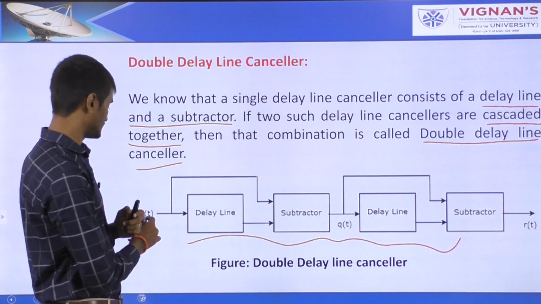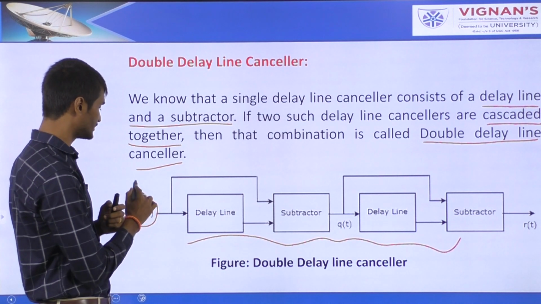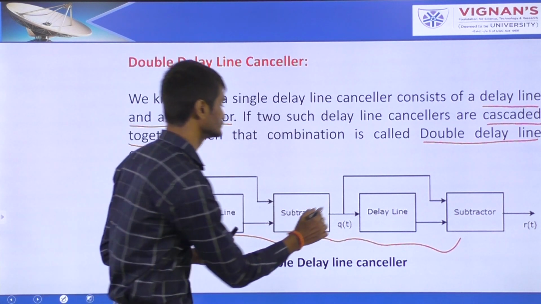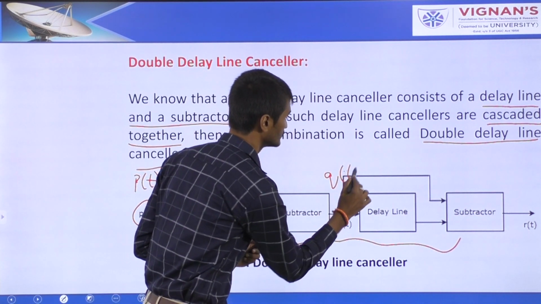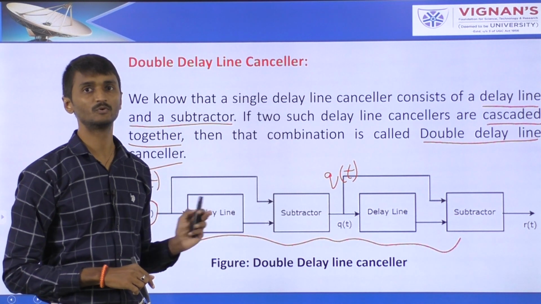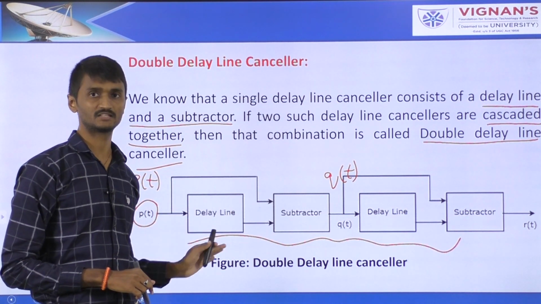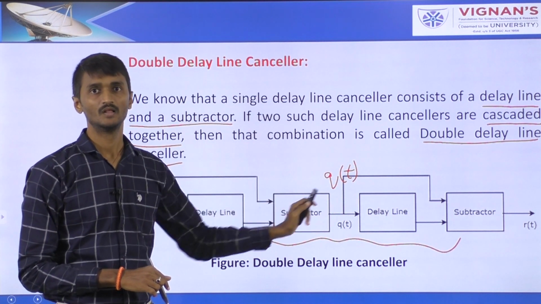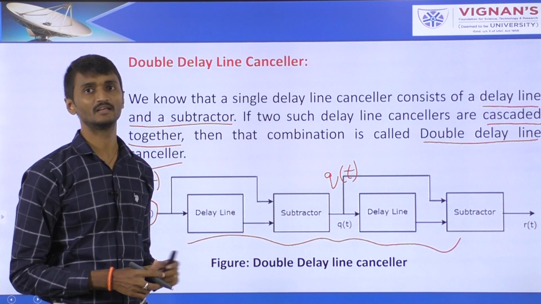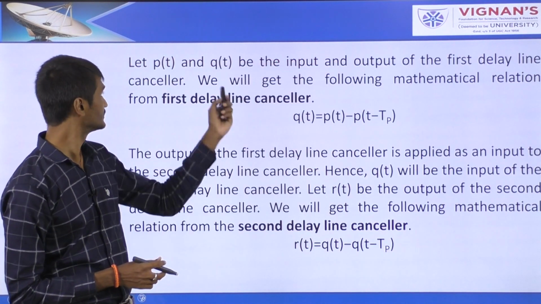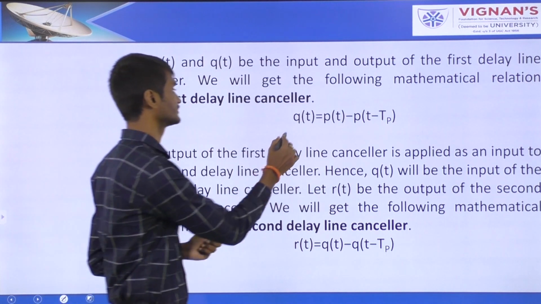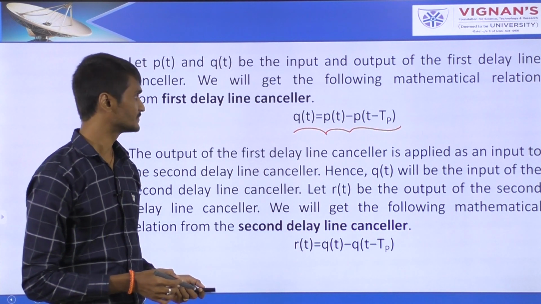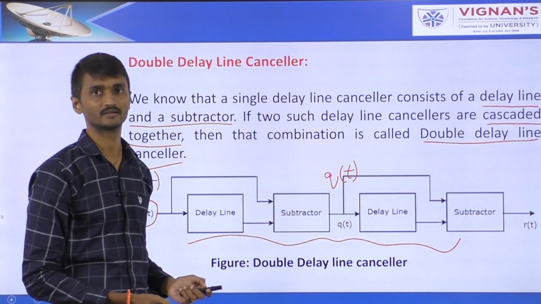Let P of t and Q of t be the input and output of the first delay line canceller. We get the mathematical relation Q of t equals P of t minus P of t minus Tp, the output of the first delay line canceller.